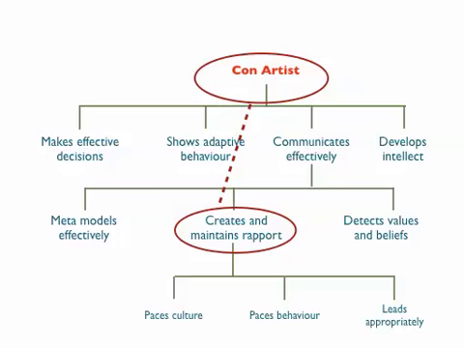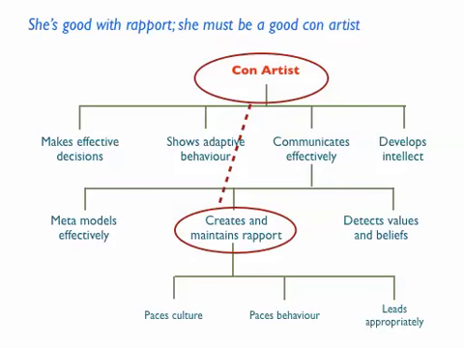Just because somebody creates and maintains rapport doesn't mean we can say what just appeared at the top of the screen. If somebody was going to be a good con artist, you'd expect that somewhere in their communication skills they'd be good at creating and maintaining rapport, but they might be very bad at judging other aspects of things that are needed to be a good con artist.